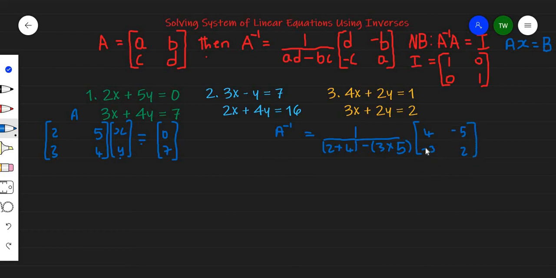And all I need to do is to just simplify this. So if I simplify this, it's going to be 1 over 2 times 4, that's going to give me 8, minus 3 times 5, that's going to give me 15, times the adjoint of the matrix, which is [4, negative 5; negative 3, 2].